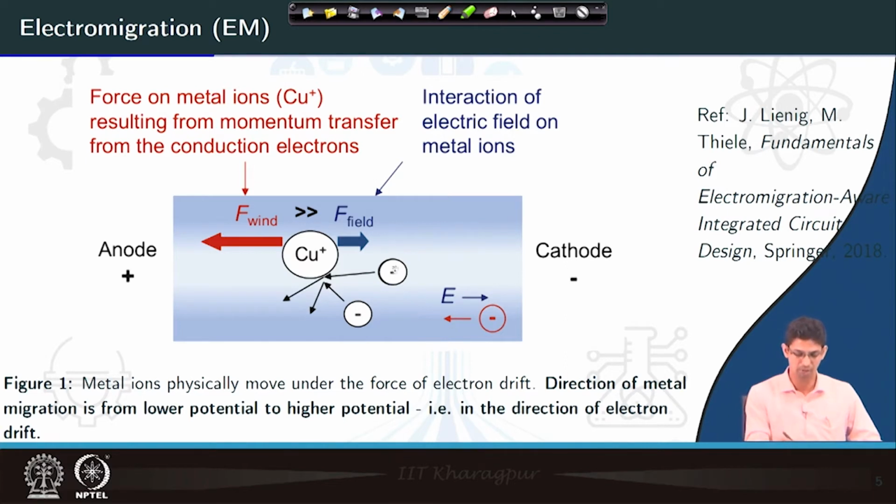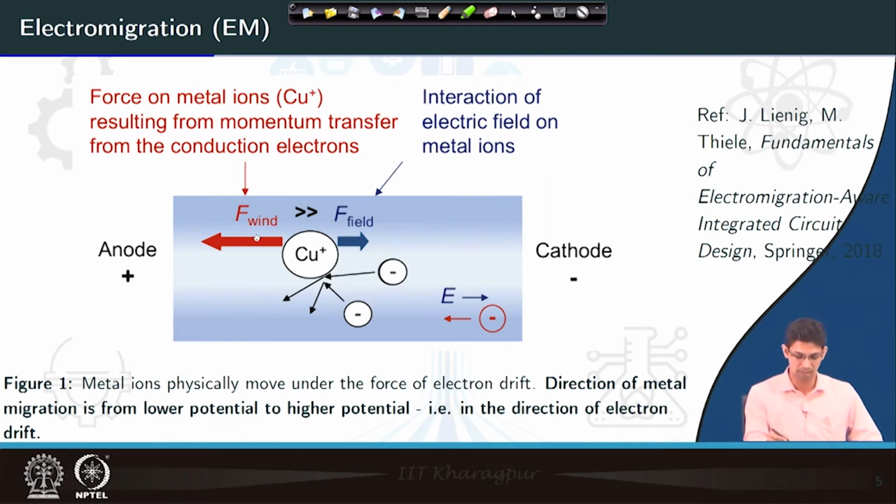Now, when they propagate, these electrons would collide with these copper lattice ions. If this current density is large enough, then over time this momentum transfer from electron to these metal ions is sufficient to start shifting these ions.